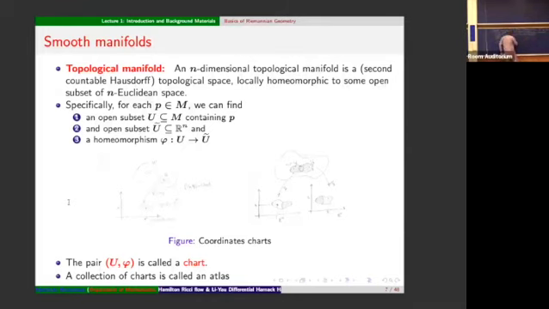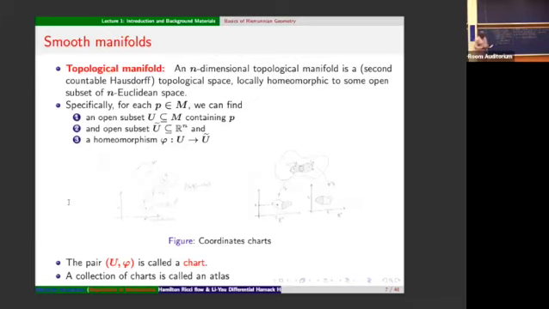One, M is a Hausdorff space. What do we mean by this?